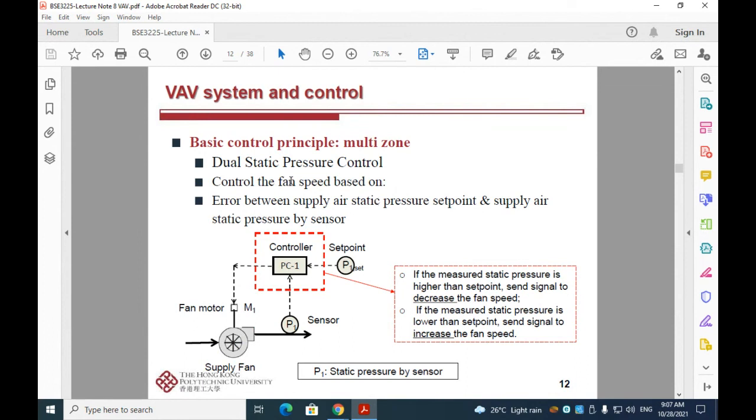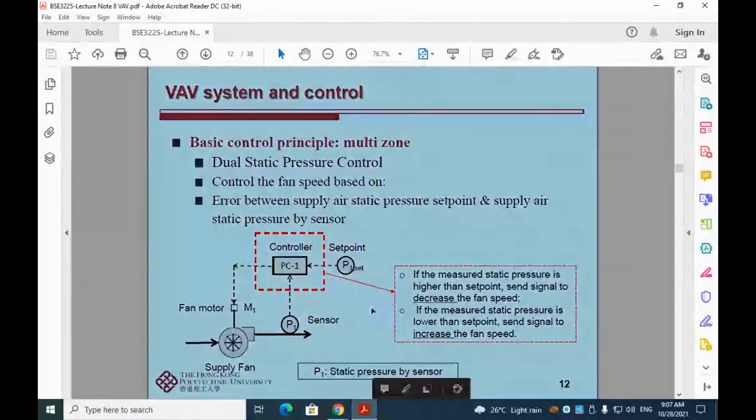And the fan speed control is based on the error between the static pressure set point and the supply air static pressure measured by the sensor. So similarly, if the measured static pressure is higher than the set point, then the input of the controller, which is the error between the sensor measured pressure and the set point pressure, will send the signal to decrease the fan speed.